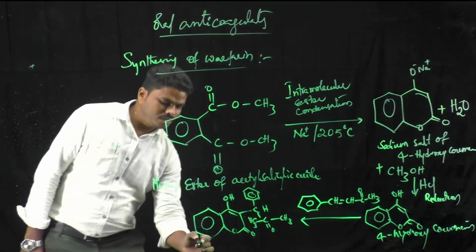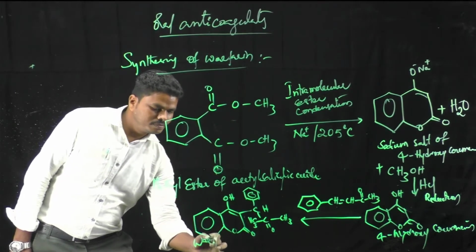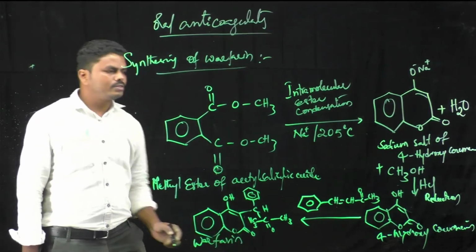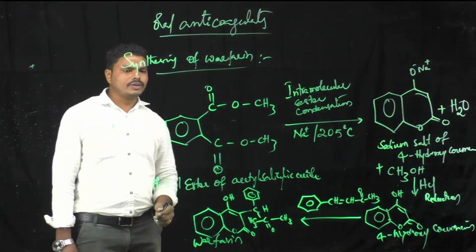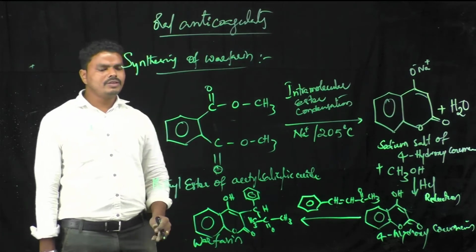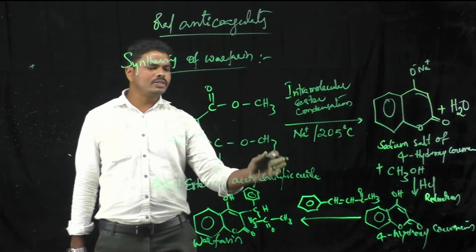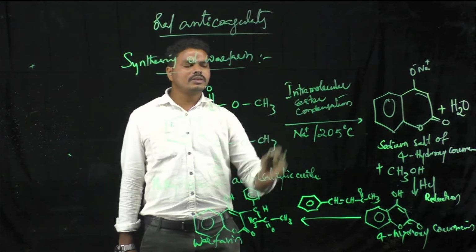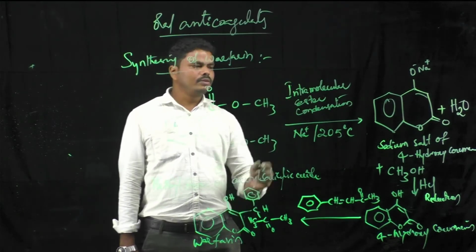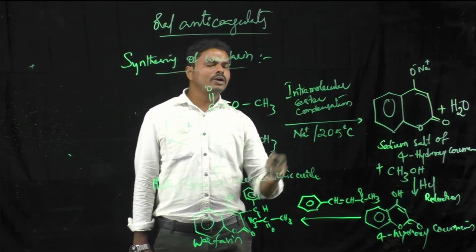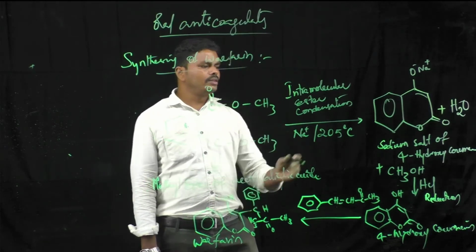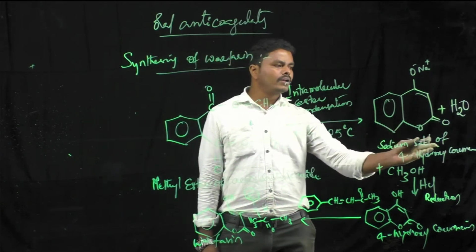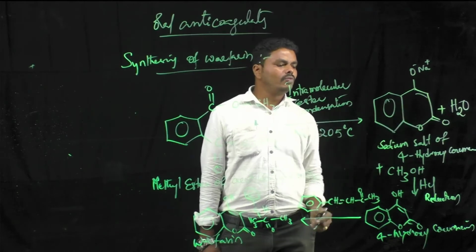This is the structure of warfarin. So this is the synthesis process of warfarin. It is synthesized from the methyl ester of acetyl salicylic acid. When it is subjected to intramolecular ester condensation in the presence of metallic sodium at 205 degrees centigrade, it forms the sodium salt of 4-hydroxycoumarin by losing the water molecule.